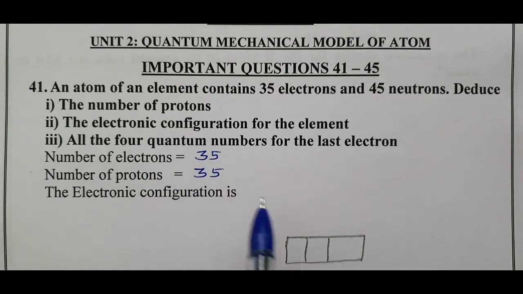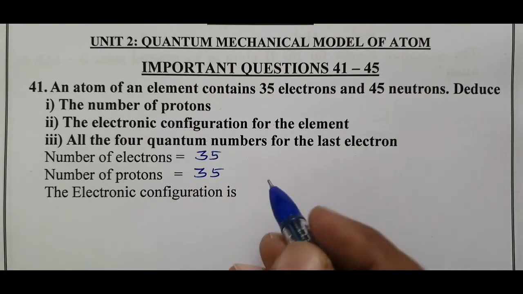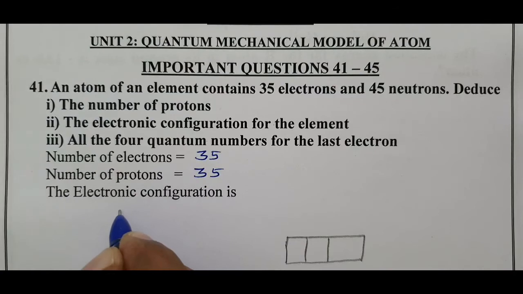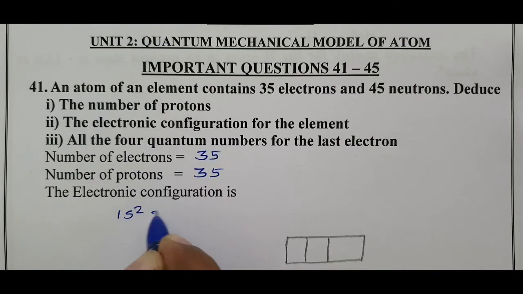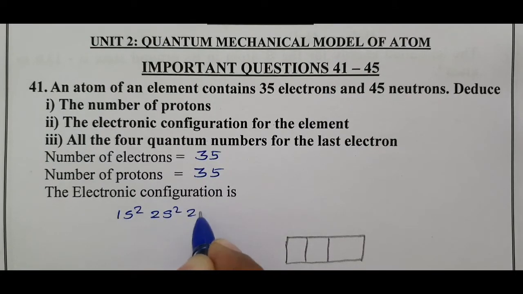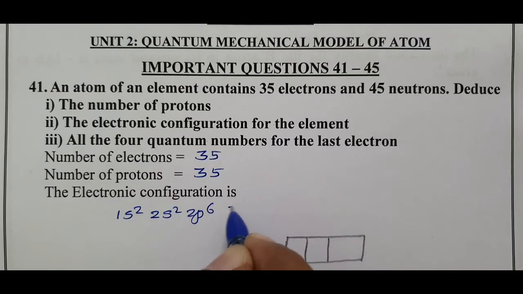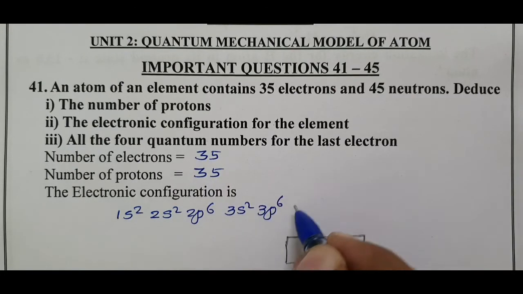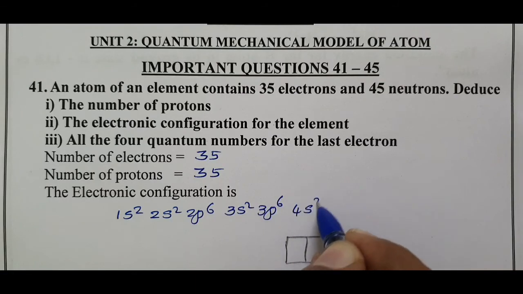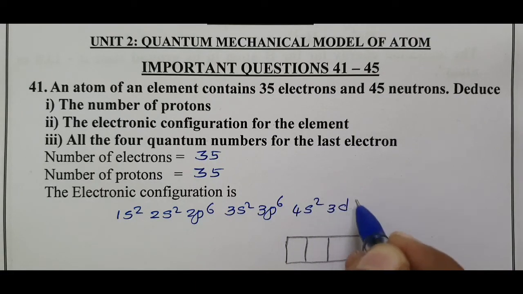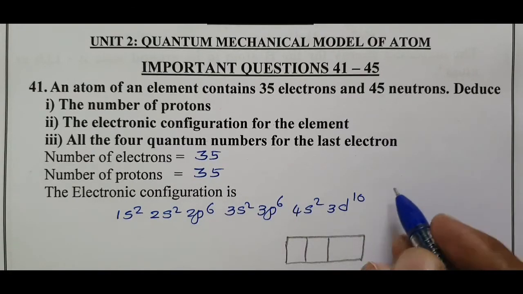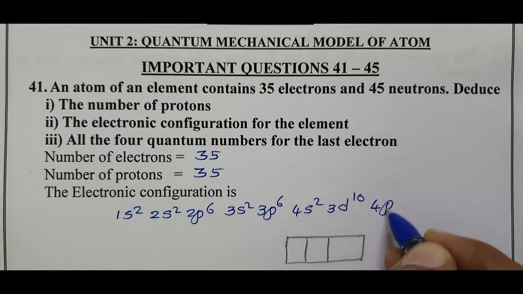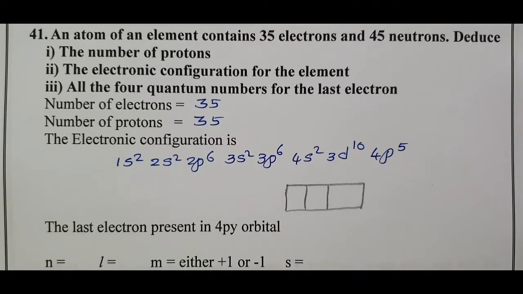Atomic number 35, we can write the electronic configuration 1s2, 2s2, 2p6, 3s2, 3p6, 4s2, 3d10. Up to this, 30 are over. Then for 4p, the remaining 5 electrons enter into the 4p5 orbital.